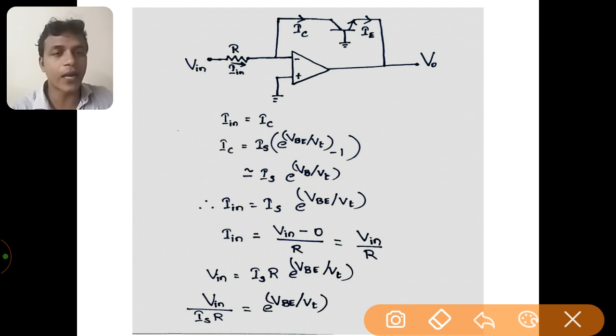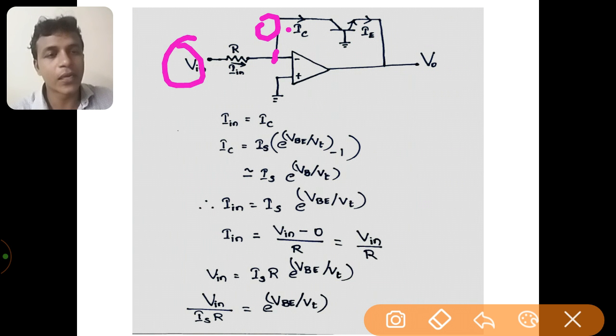Now once again we are going to apply Kirchhoff's current law at this node. Due to virtual ground, the voltage at this point is 0. So when we apply KCL, V in minus 0 volt divided by R is equal to I in.